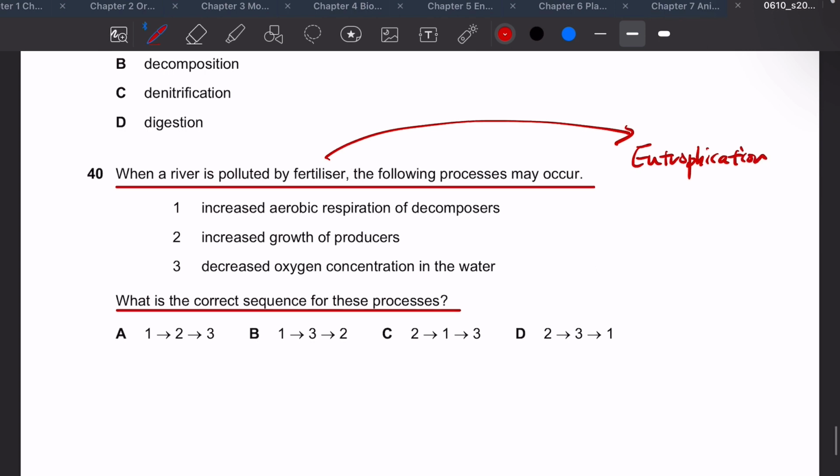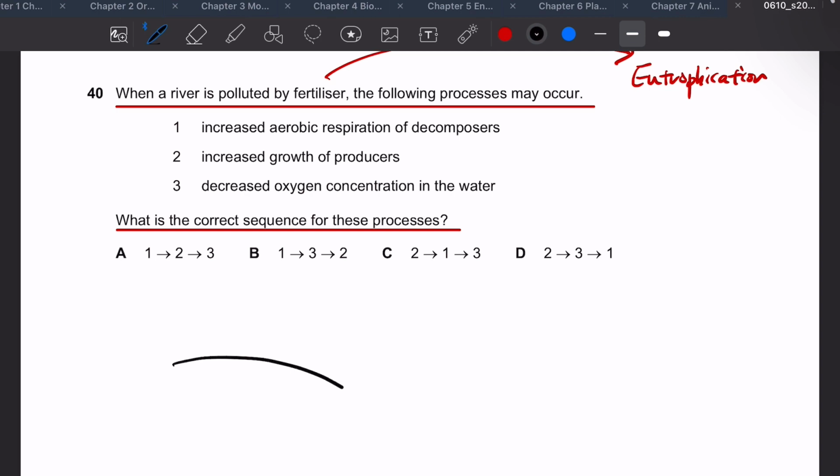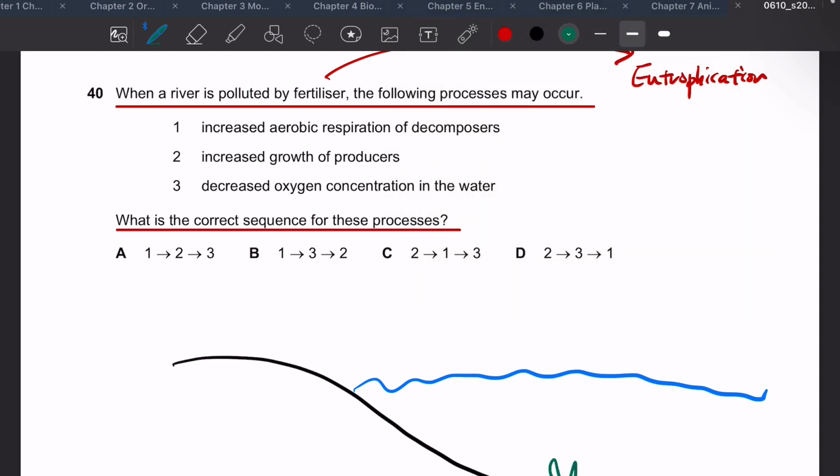Eutrophication is a process that starts with fertilizers entering the water source. And if the fertilizer gets dissolved in the water, then the aquatic plants will just love it, and they'll grow even more.